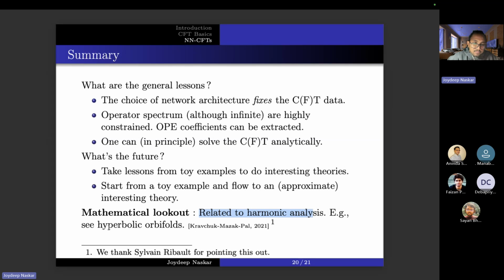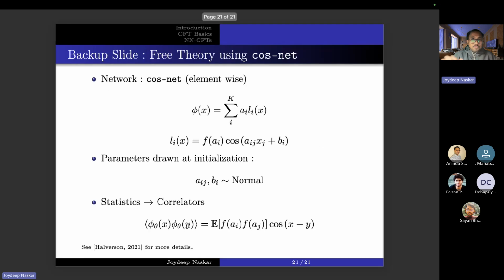The fact that I get an OPE spectrum that I'm solving is very similar to what they do in hyperbolic orbifolds, so you can take a look at this if you'd like. I'll now give you one backup slide, one example where it's not a CFT. It's just a cosnet, so cosine is my activation function now.